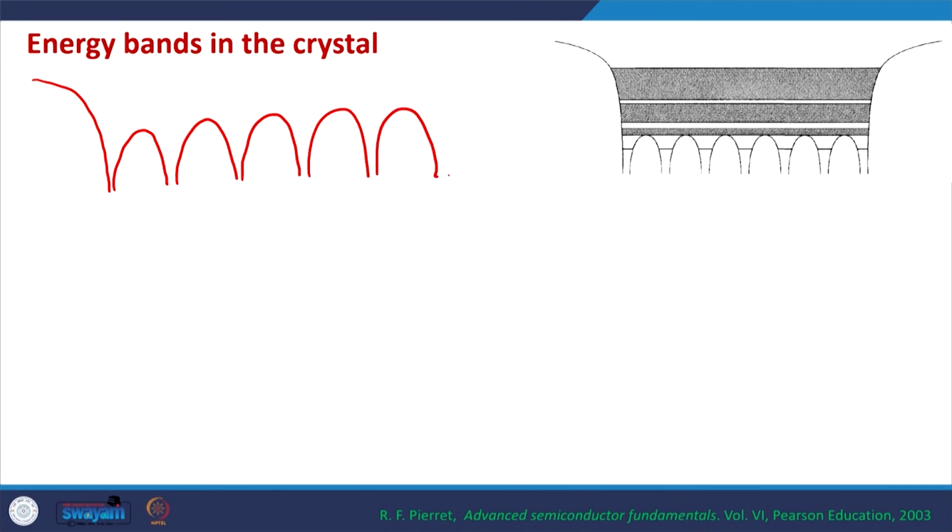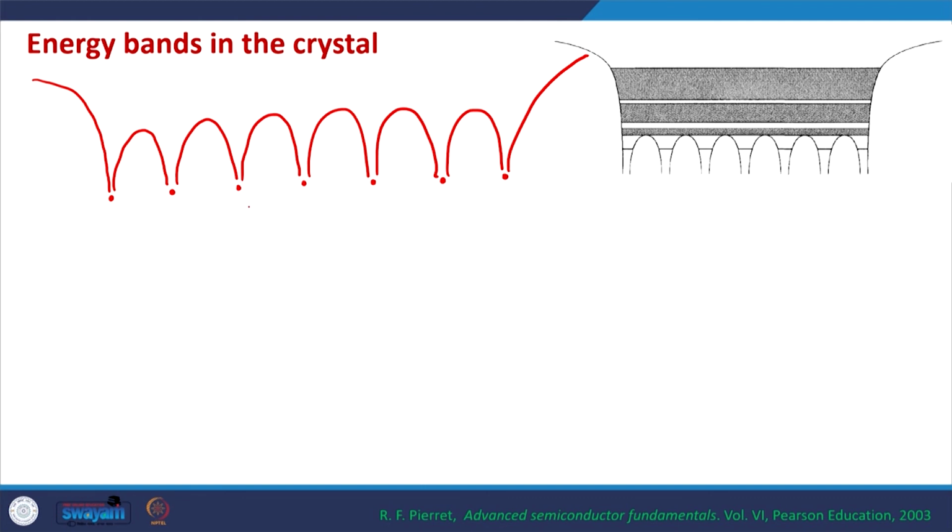This is the potential energy of an electron in a solid. Here are the atomic cores, and as we had already seen, close to the atomic cores, the potential energy of electrons goes to negative infinity.